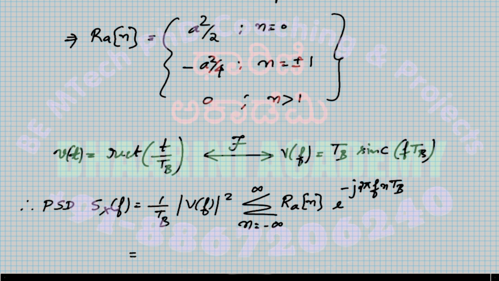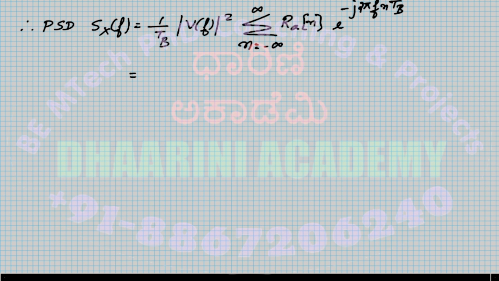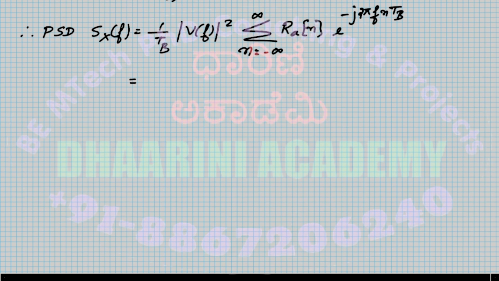So I can actually expand this summation in the next step before I substitute. So that is equal to 1 over Tb, and I can write V of f whole square as Tb squared into sinc squared of f into Tb. This is what is there.